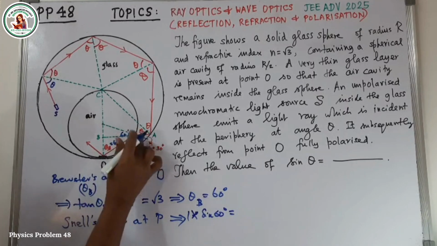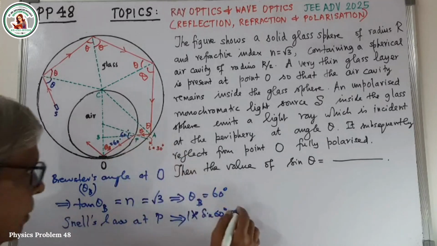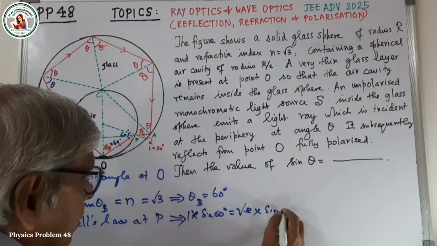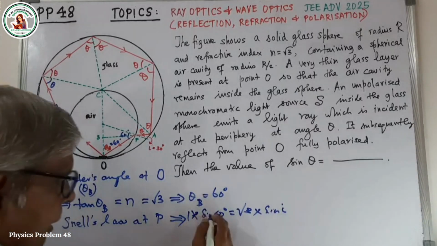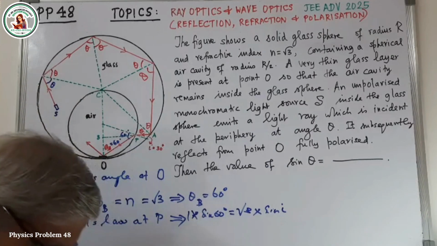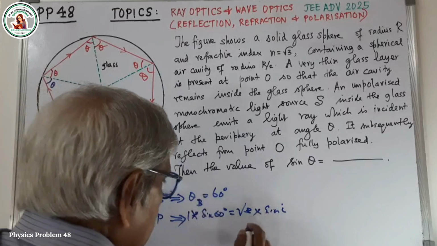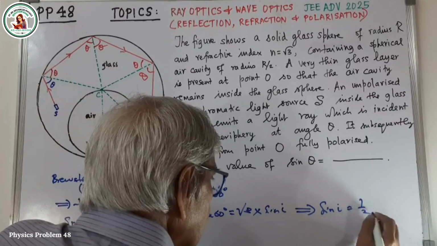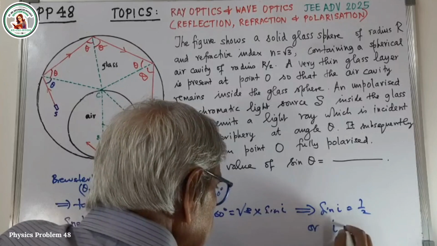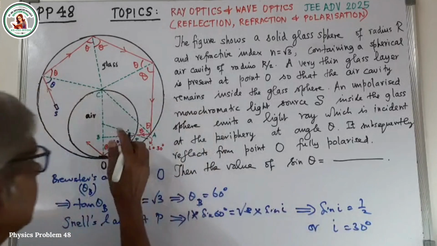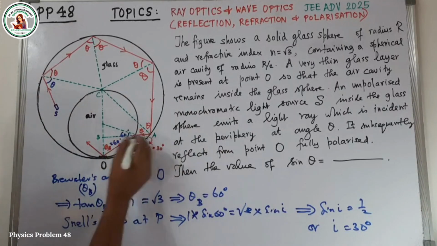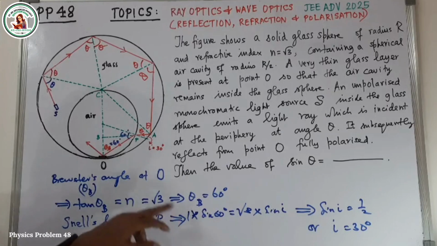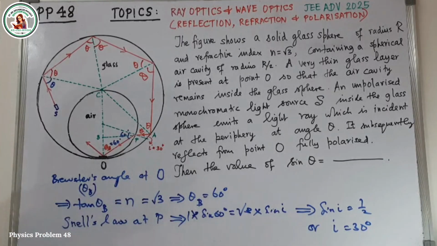Sine 60 is root 3 by 2, so sine I is equal to half, or I is equal to 30 degrees. When you produce it back, again two 30 degree angles are formed inside. I will continue further after clearing the board.